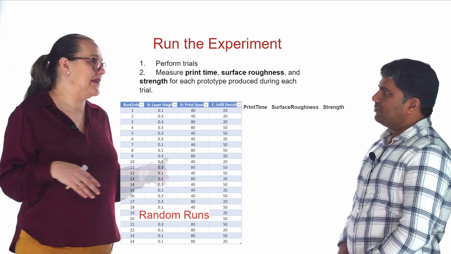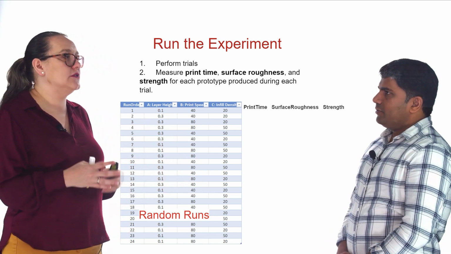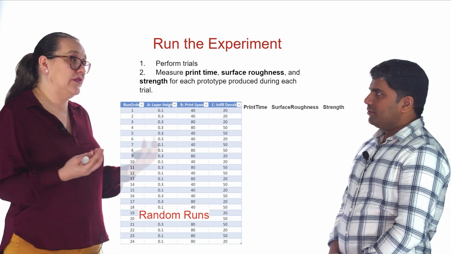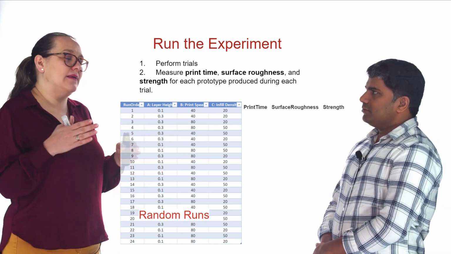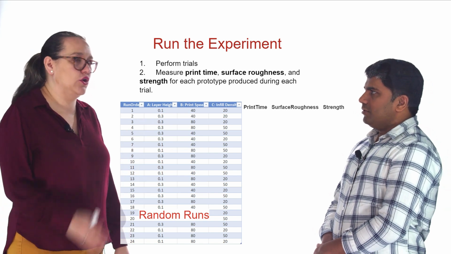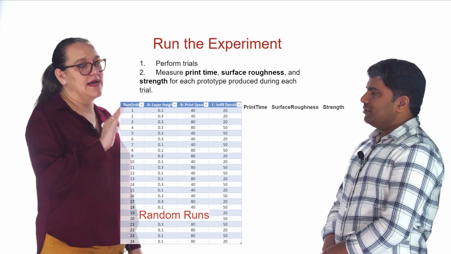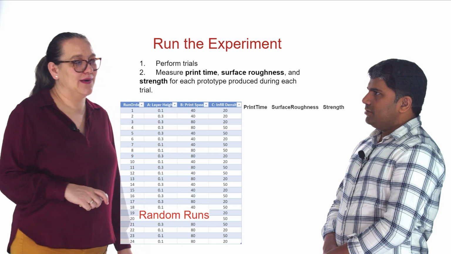When you have the data, we can do these plots, and also analyze whether there is an interaction between these factors, and see what we can conclude. But we need to look at the data and see what we find out with the responses.